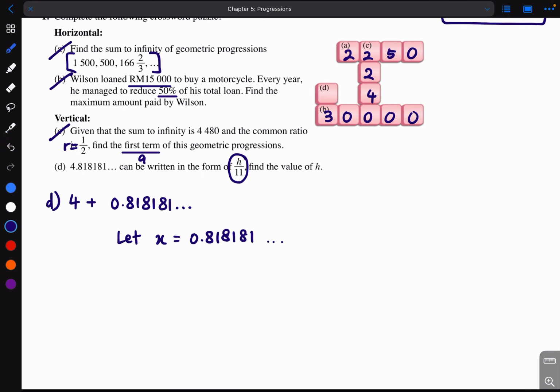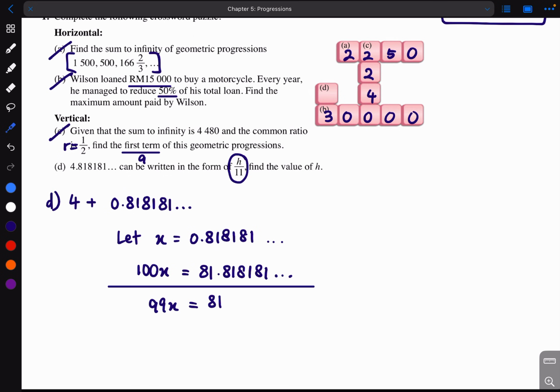So here we must times by 100 to get 81.818181. Why we do this is so that when we minus this with this, we will get rid of the decimal. So 100x minus x is 99x equals to 81. Okay, this minus this, we get this. This minus this, we get this. So we got rid of the decimal.